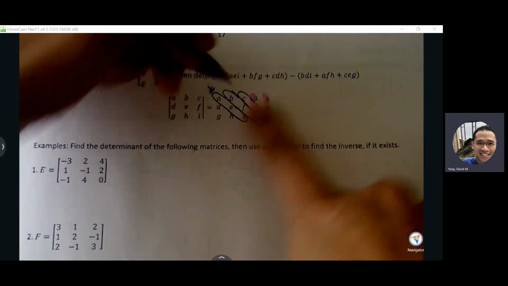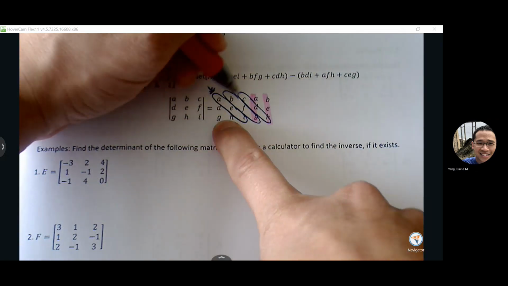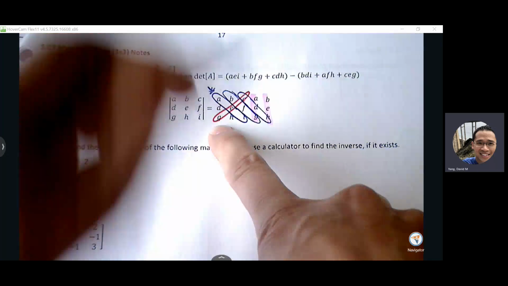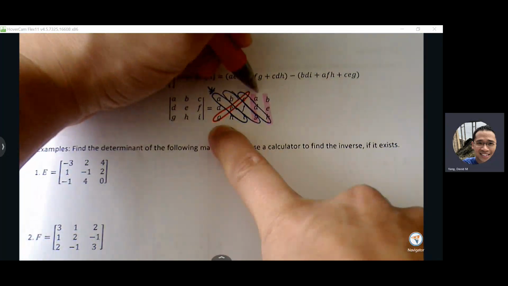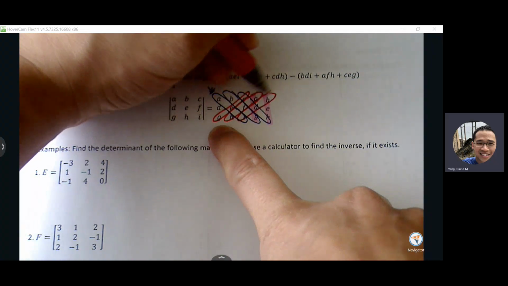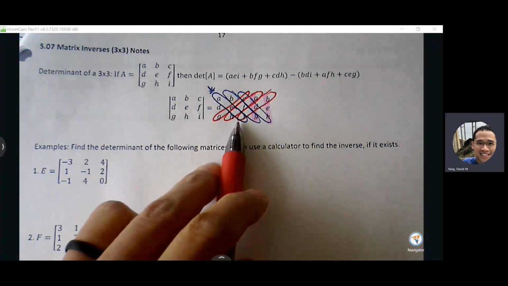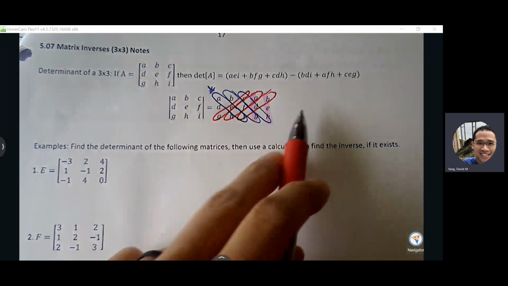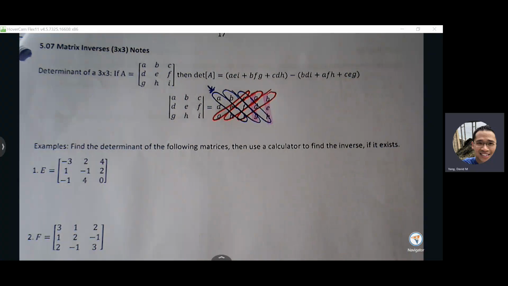So minus, okay. I'm going to use a different color to show those diagonals. But we're always looking for groups of 3. So it's going to be all the blues added together minus all the reds added together. And that will give you your determinant.